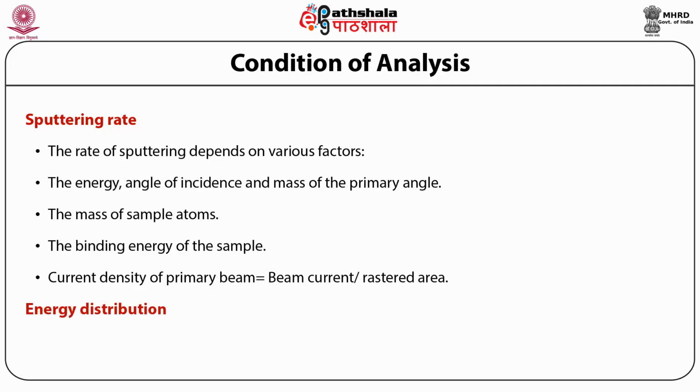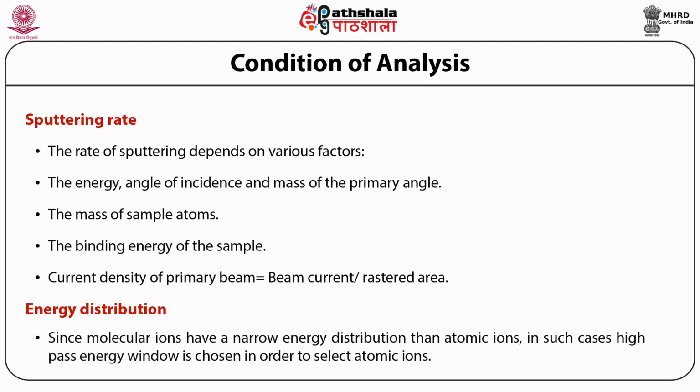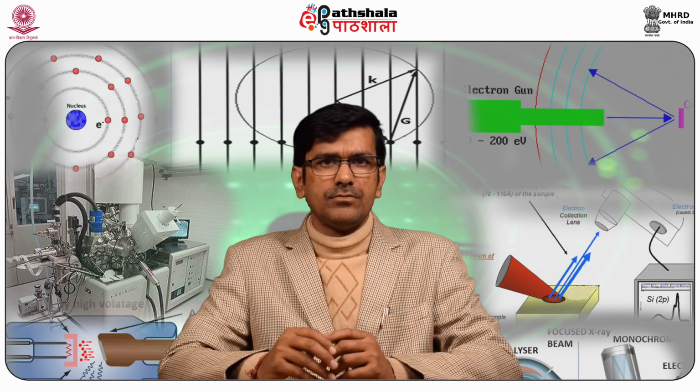Then energy distribution. Depending upon how the sputtering rate is analyzed, energy distribution would be found out. Since molecular ions have a narrower energy distribution than atomic ions, in such cases a high pass energy window is chosen in order to select atomic ions.